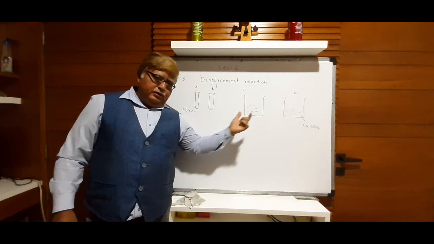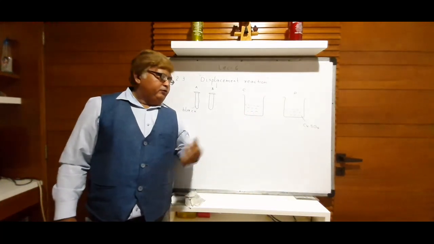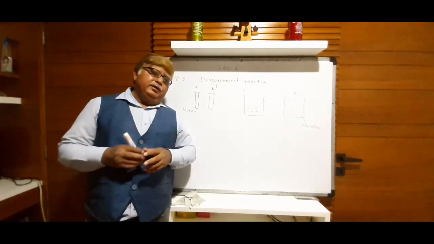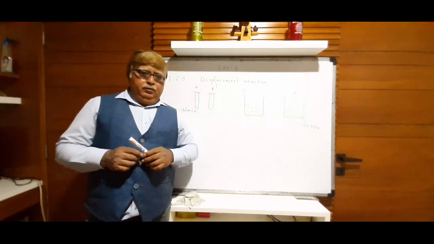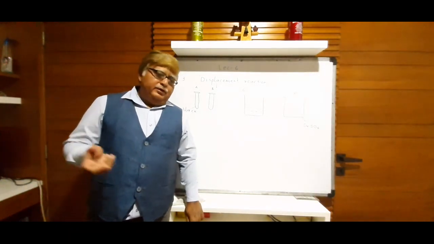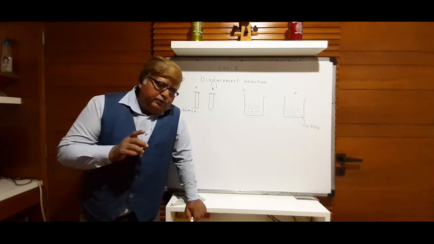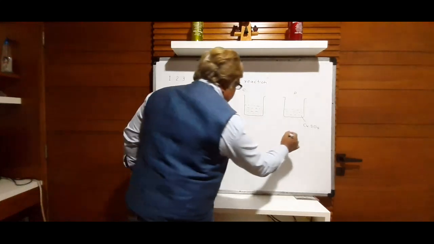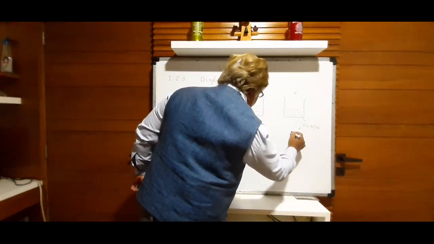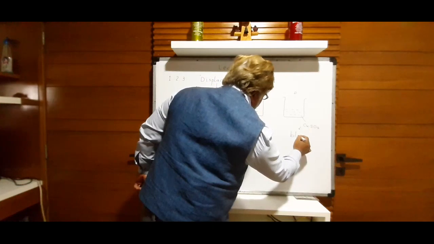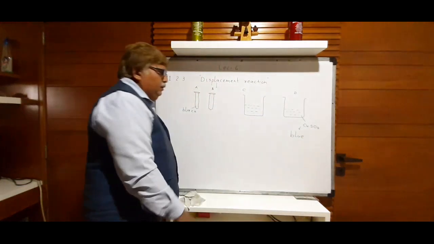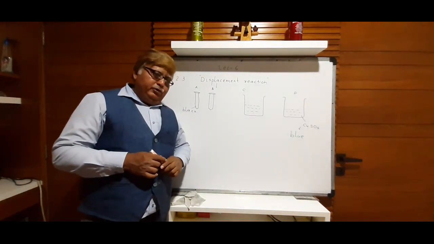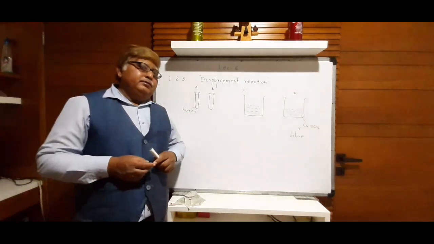Note down the color of copper sulfate solution in both the test tubes. That is your first target. While you observe, as my dear students you all know, the color of the copper sulfate solution is obviously blue. So in both the test tubes, the color of the copper sulfate is blue, and the iron nails are both black in color.